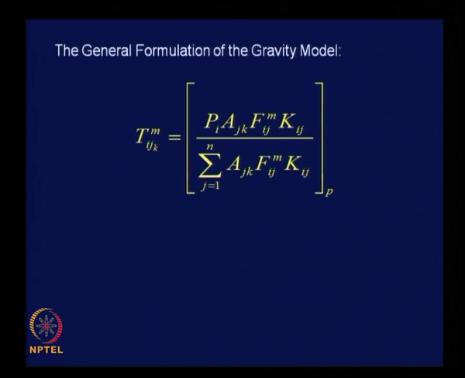For trip attraction also we are introducing the subscript k, Ajk Fij^m into Kij, whole divided by sigma j equal to 1 to n of Ajk Fij^m Kij, whole thing within brackets, and for the bracketed quantity we give a subscript p. So, this is a very generalized formulation of the gravity model. That is the reason for introducing all these subscripts and superscripts.